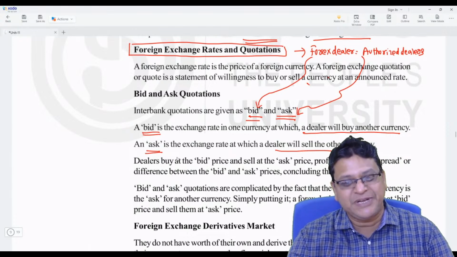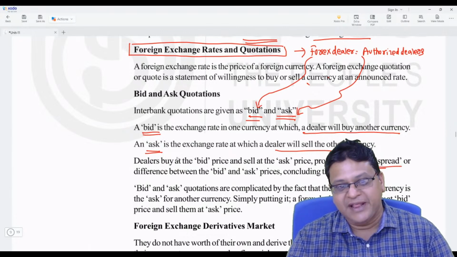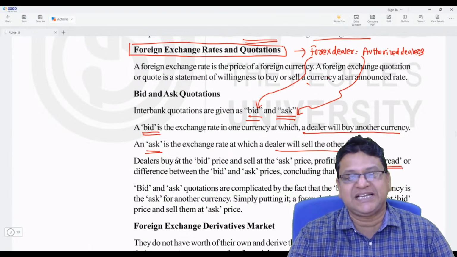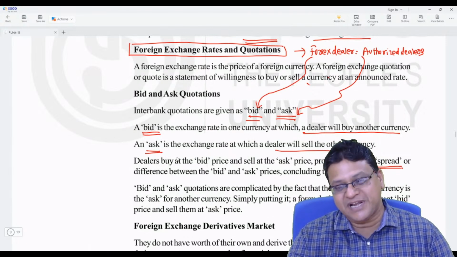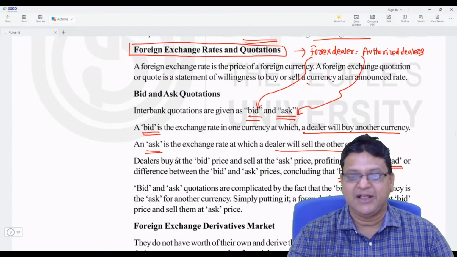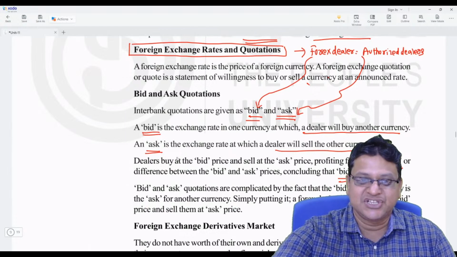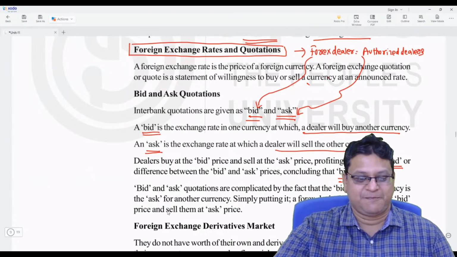The difference between bid rate and ask rate is known as spread, or this is the margin of the forex dealer. Every time bid rate is less than ask rate, and the difference is spread or margin. This is enjoyed by forex dealers or authorized dealers or banks.